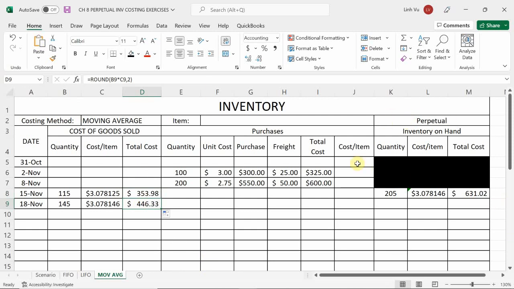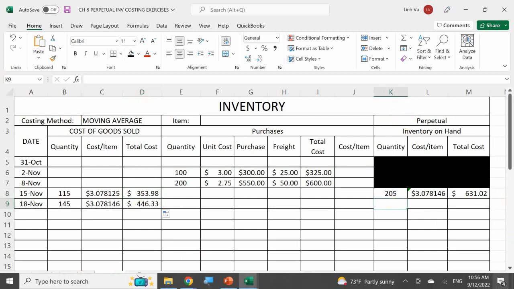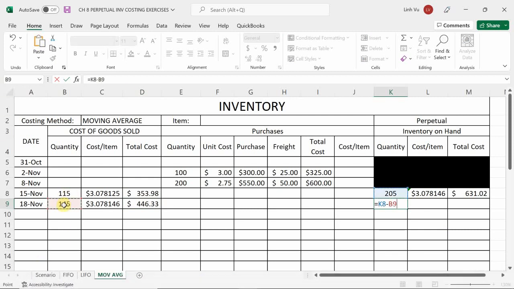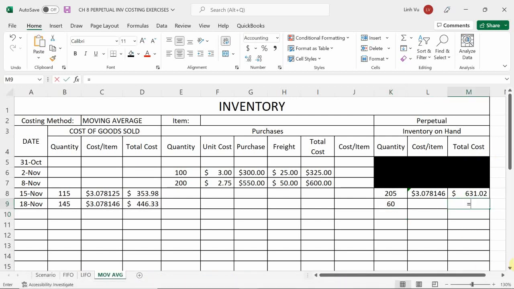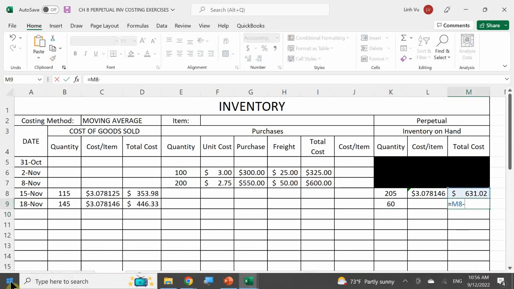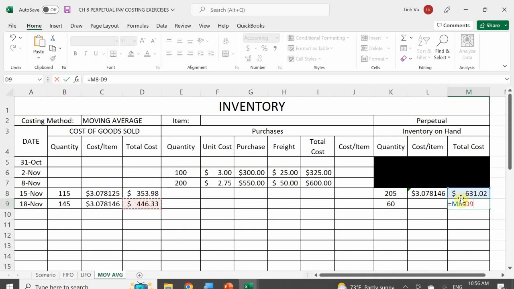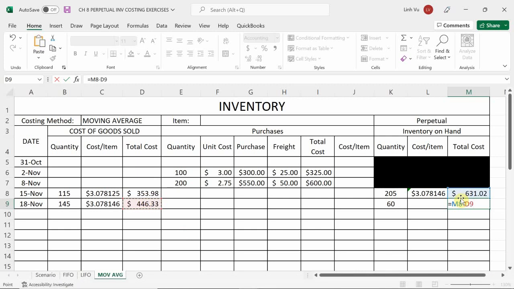If I start out with 205 here and I just sold 145, I should have how many left? 60. You have 60 units left. What's my total cost here if I started out with 631? 184.69.